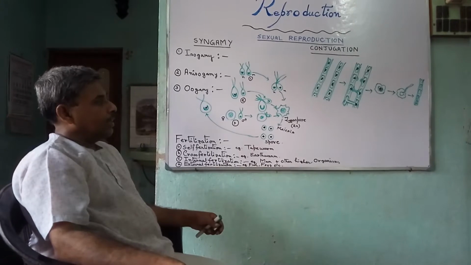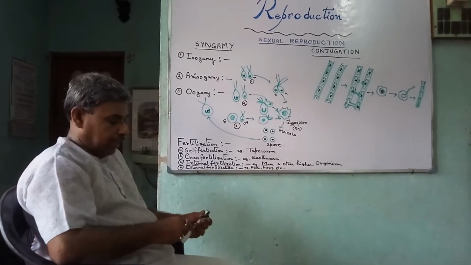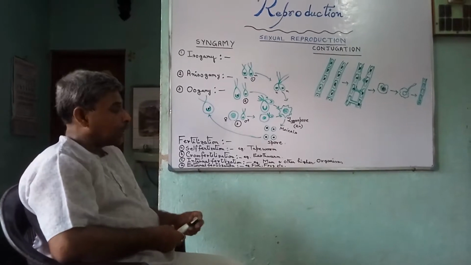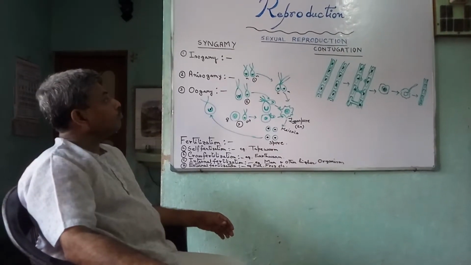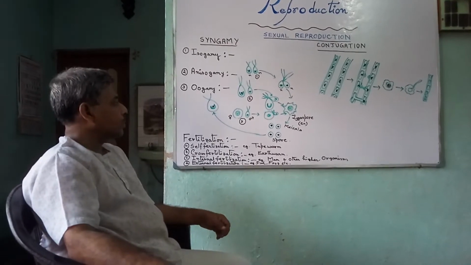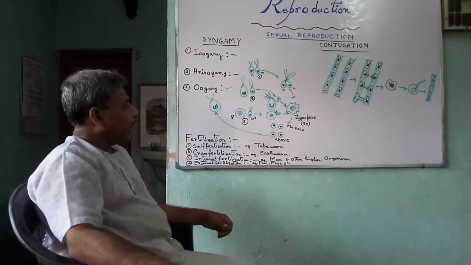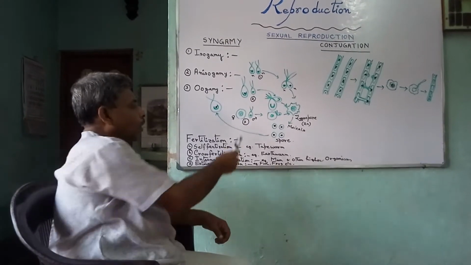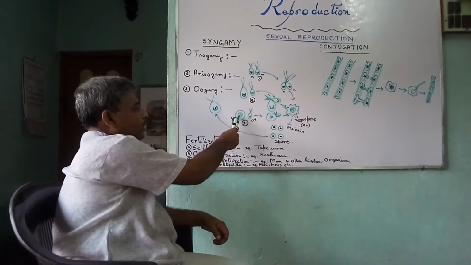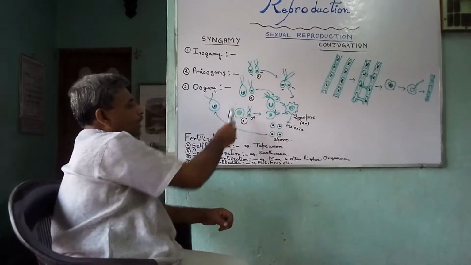And oogamy is basically found in all groups of animals from fish to mammals, in all vertebrates basically. As one is very much large, it possesses no flagellum, and that's why it is unable to move.